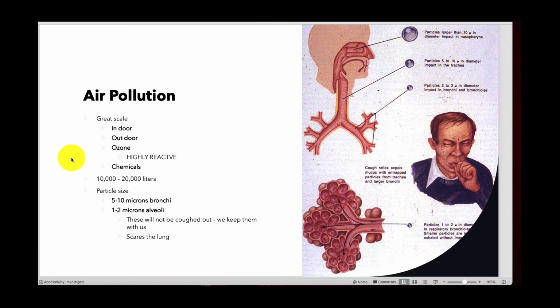Well, that smog contains roughly 6 primary pollutants, which are sulfur dioxide, ozone, nitrogen dioxide, lead, and then there's another thing called particulate matter.